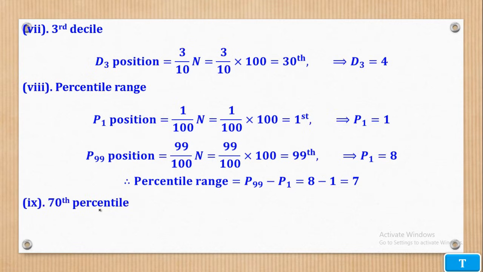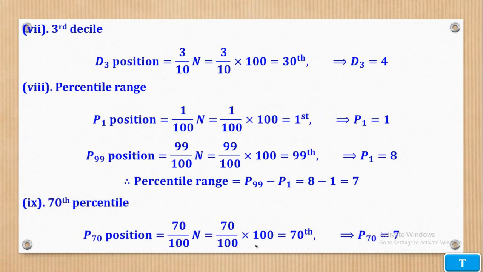Then now we shall go to Roman 9. So Roman 9, they want 70th percentile or P70. So first of all, you have to get the position. So 70 over 100 times 100 gives you 70. Therefore, we shall look for 70 in our cumulative frequency column.